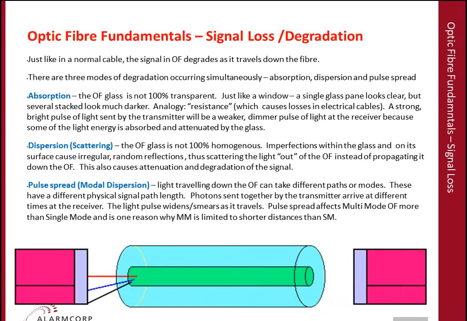So what you see here in the animation below is that when you send a pulse down a fiber, the pulse actually arrives slightly spread at the receiving end because some of the photons took longer to arrive. In effect, the light pulse widens or smears as it travels. And this is why multi-mode fibers will always have a shorter maximum transmission distance than single mode, because in a single mode fiber, you do not get the same amount of pulse spreading.